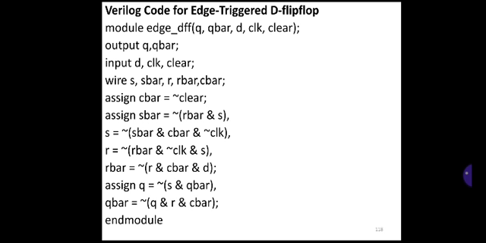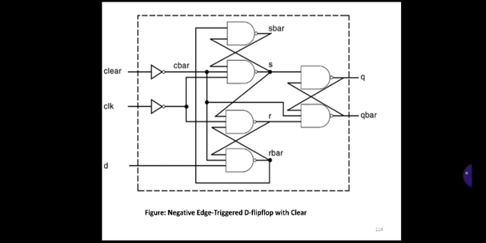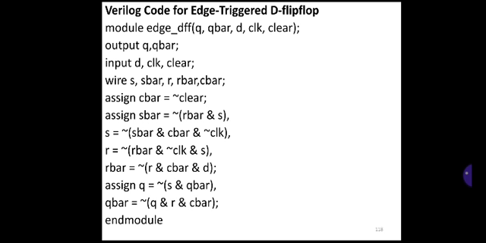Now the logic part. Assign C bar is equal to not of clear. Observe the diagram. Again here, input is clear, output is C bar. So in data flow modeling, we need to use the keyword assign. So clear is the input, C bar is the output. So how to write the code for that one?